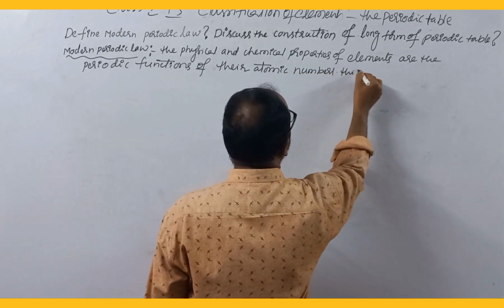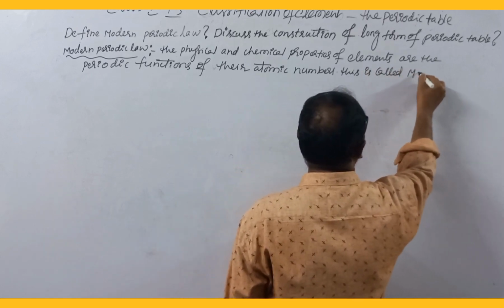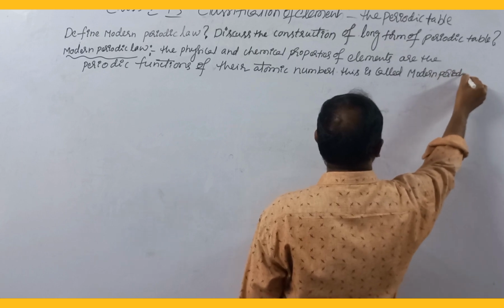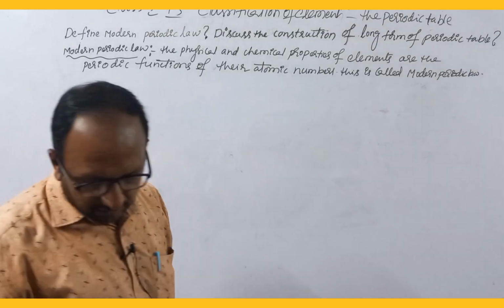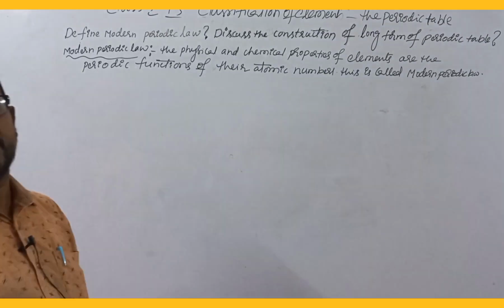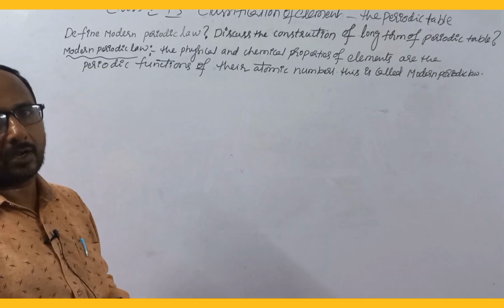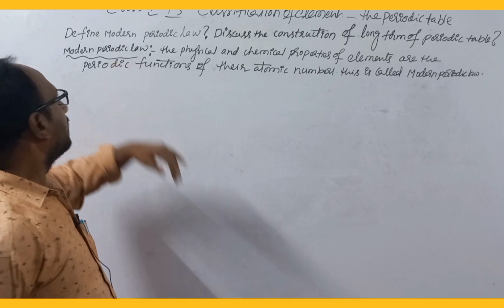This is called the modern periodic law. So the physical and chemical properties of the elements are explained based on atomic number and electronic configuration. This is the modern periodic law, for short answer and very short answer also, important, students.